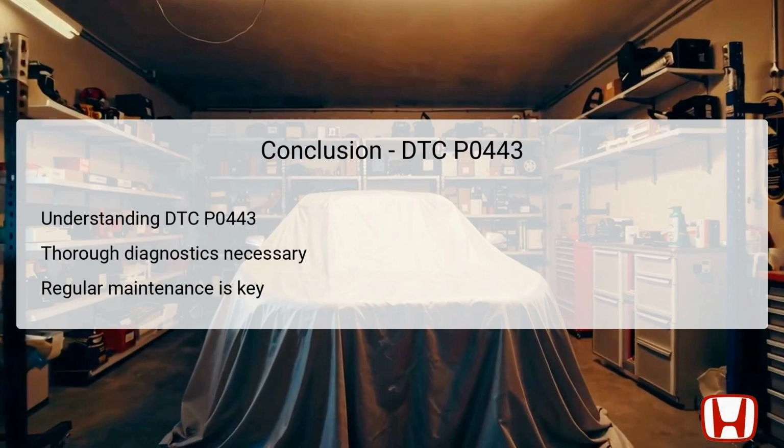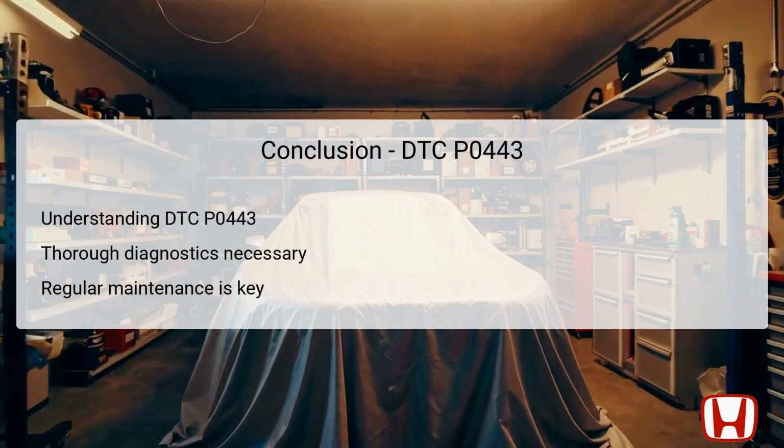In summary, DTC P0443 signifies an issue within the EVAP Canister Purge valve circuit, a crucial component for managing vehicle emissions. Thorough diagnostics and systematic troubleshooting are necessary to pinpoint the exact failure, whether it's due to component faults, circuit issues, or wiring defects.